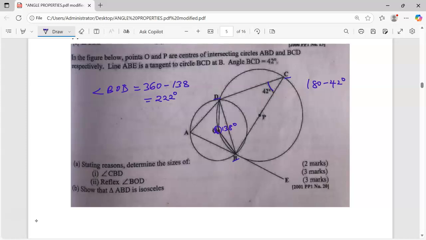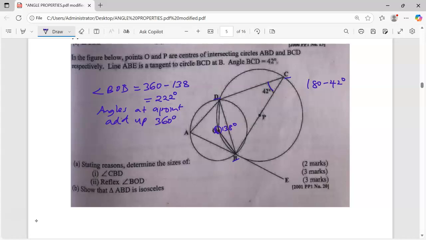The reason we can give here is that angles at a point add up to 360 degrees. Once we have done that, we can now move and get the missing angle, which is CBD.